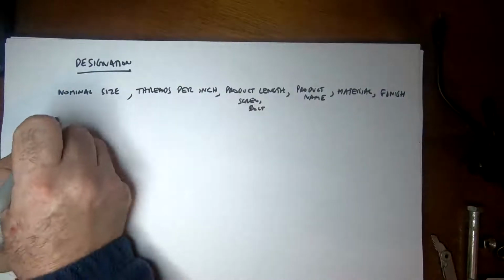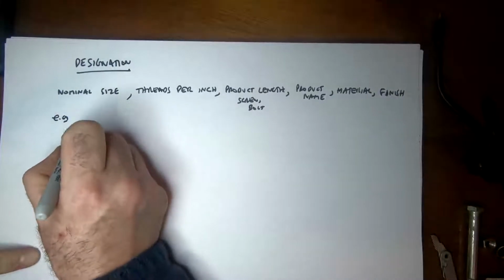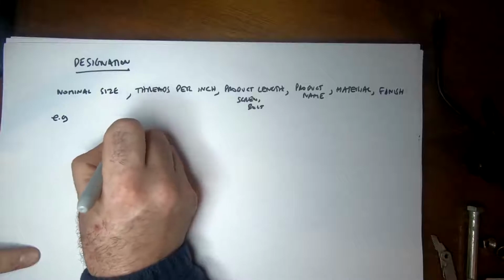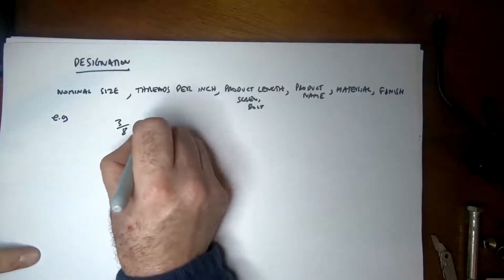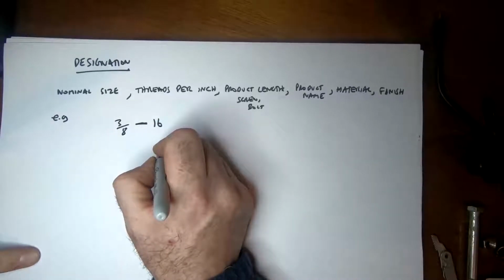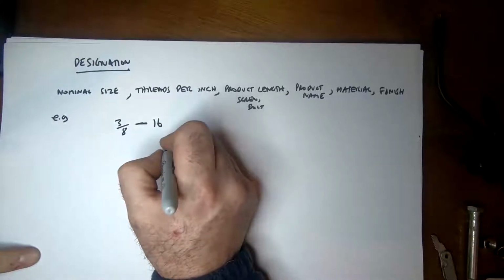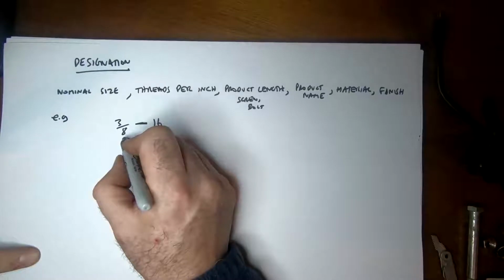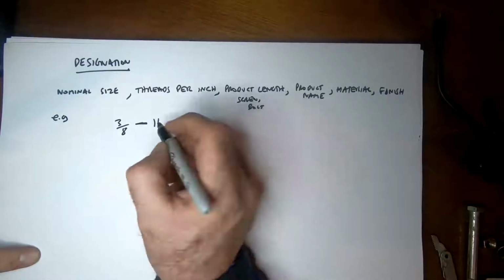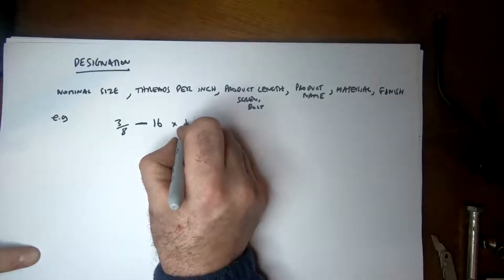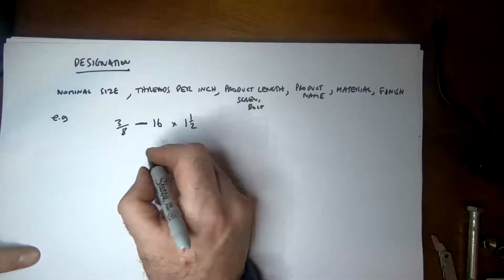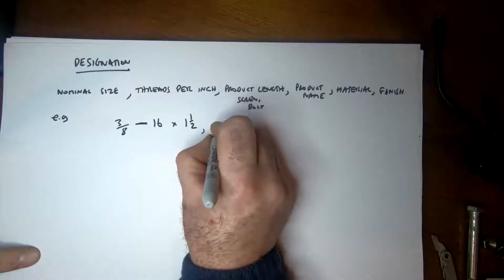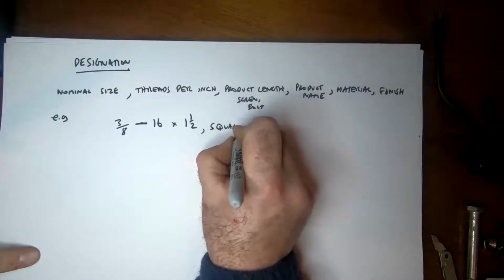So some examples. Let's do, so this would be a 3/8 bolt. Then you put a dash, 16 threads per inch, which is just like the one we just saw. So 3/8 nominal diameter, 16 threads per inch. We want a bolt, say 1.5 inches long. That one was 4 inches, but so we want 1.5 inch. Maybe a square end instead of the hexagon.